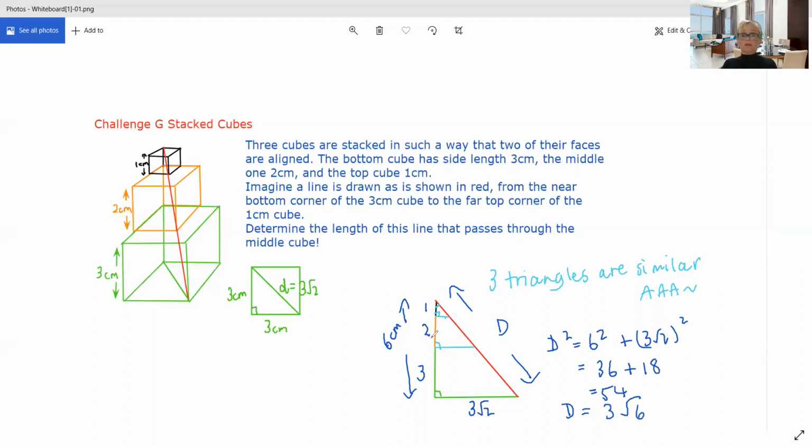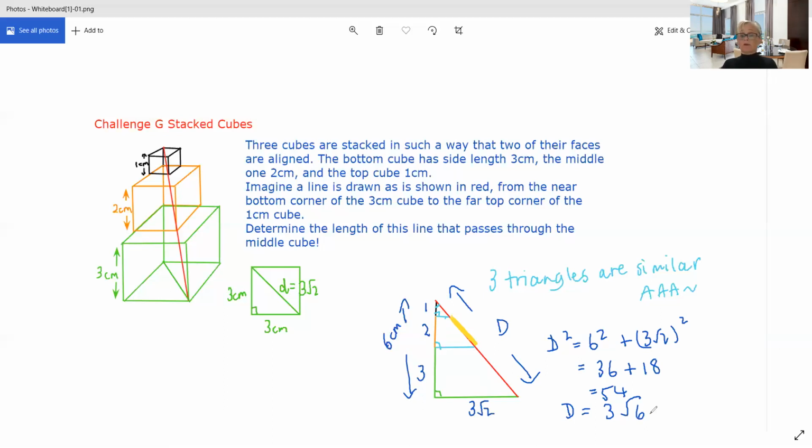Now, because these are similar triangles, their sides will be in the same ratios. So the length, this is the length that we're actually wanting, this length here. Okay. We know that the ratios are going to be the same. 1:2:3 along here as well.